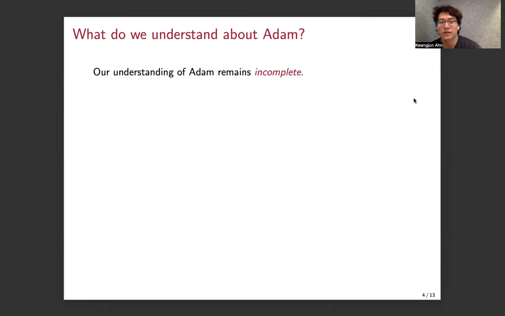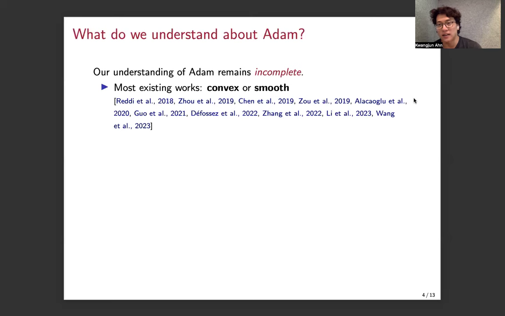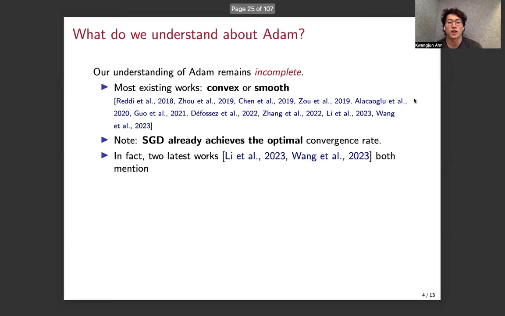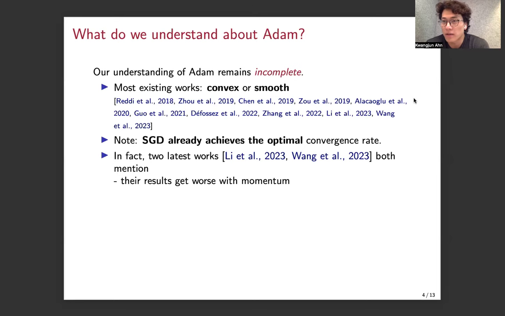Okay, so what do we understand about Atom so far? I'd like to claim that our understanding is limited because most existing analysis of Atom considers the setting of either convex or smooth, for which algorithms like SGD already achieve the optimal convergence rate. So in other words, there's no room for us to show the superiority of Atom. In fact, the two latest works in this direction both mention that their convergence rates get worse with momentum, which is not the case in practice.